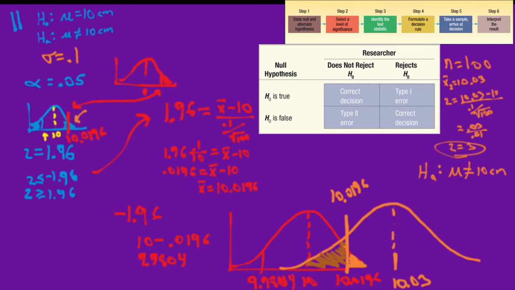Because if the population mean is in fact 10.03, we are occasionally going to get values that are below 10.0196, and we won't reject the null.